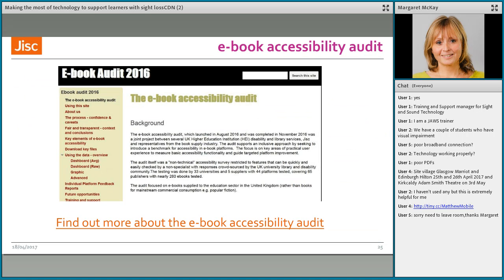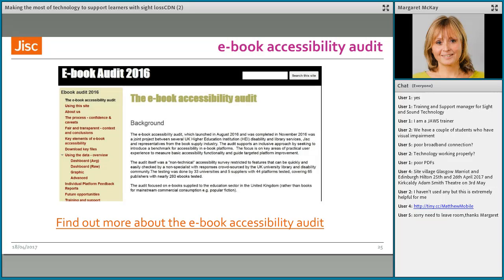I just thought I'd reference this because, thinking about ebooks, if it's something that you or your institution use, a group of library staff and disability professionals from across the UK just last year decided to audit different ebook platforms, using a range of questions about whether people could navigate and access information by grabbing text and having it read back, changing colour, and magnifying.